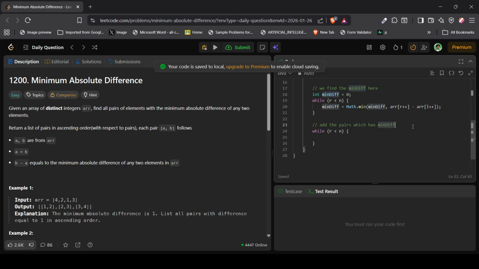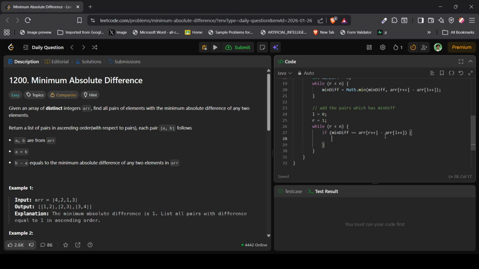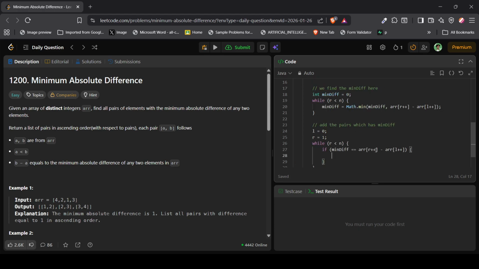Okay, so the r is right now l equals to 0, r equals to 1, and it will be like, if min diff equals to this, then what we'll do is, okay, we cannot do this here.